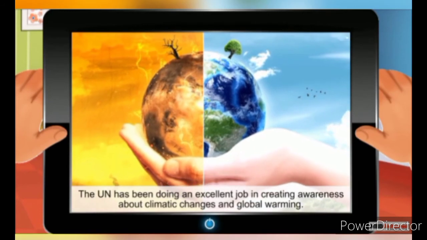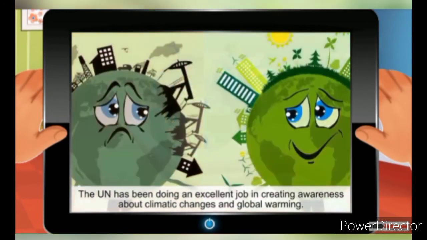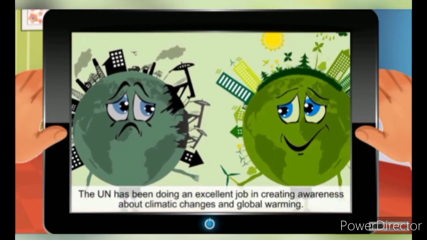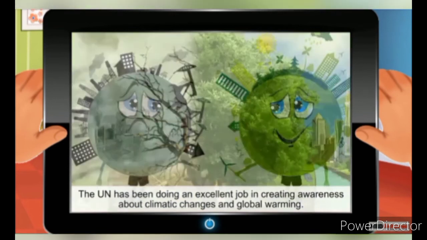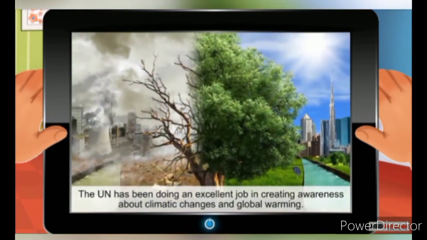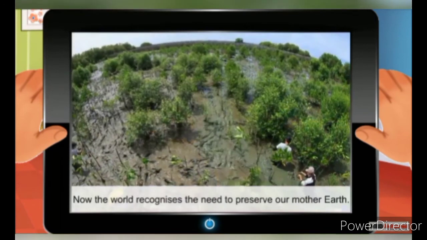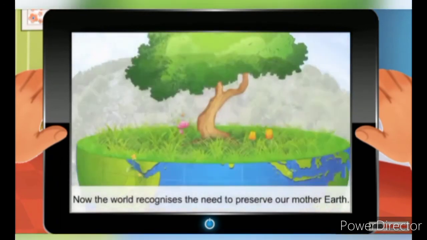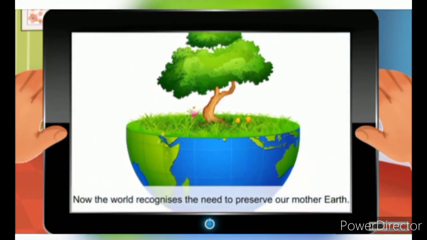The United Nations has been doing an excellent job in creating awareness about climatic changes and global warming. Now the world recognizes the need to preserve our Mother Earth.